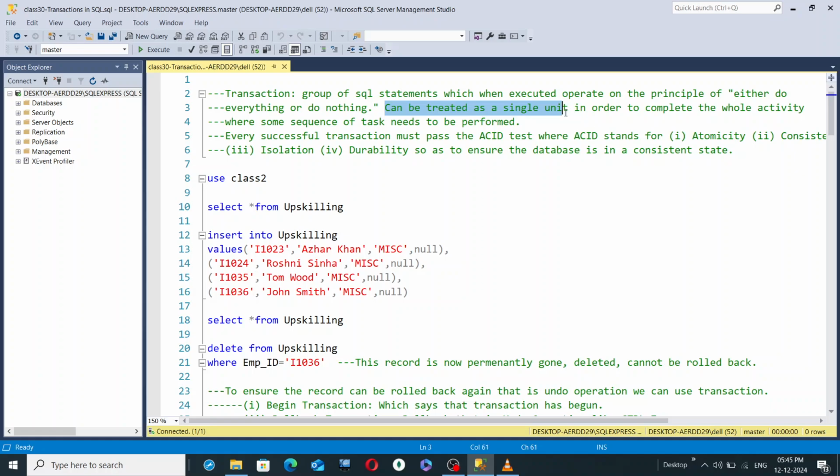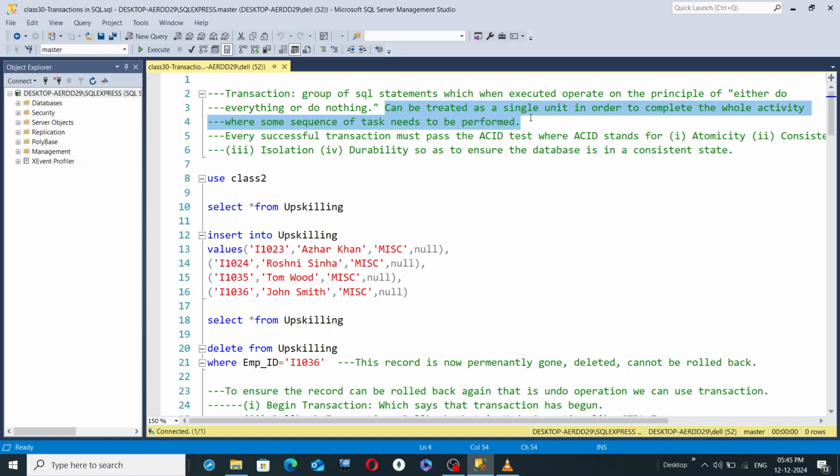It is a single unit in order to complete the whole activity, where some sequence of tasks needs to be performed, and some sequence of work will be done here.